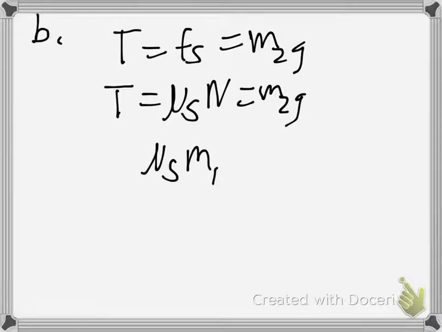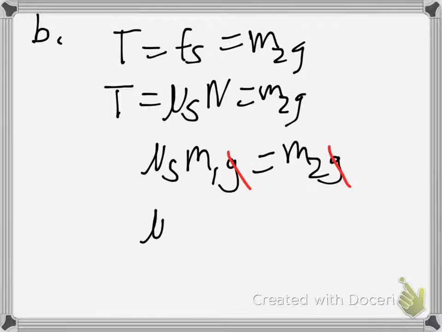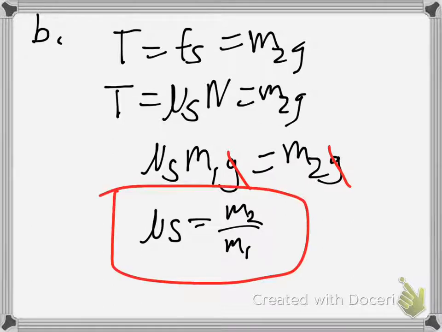Normal force equals M1G. So, since gravity cancels out, we get mu s is equal to M2 over M1. And that's the answer to part B.